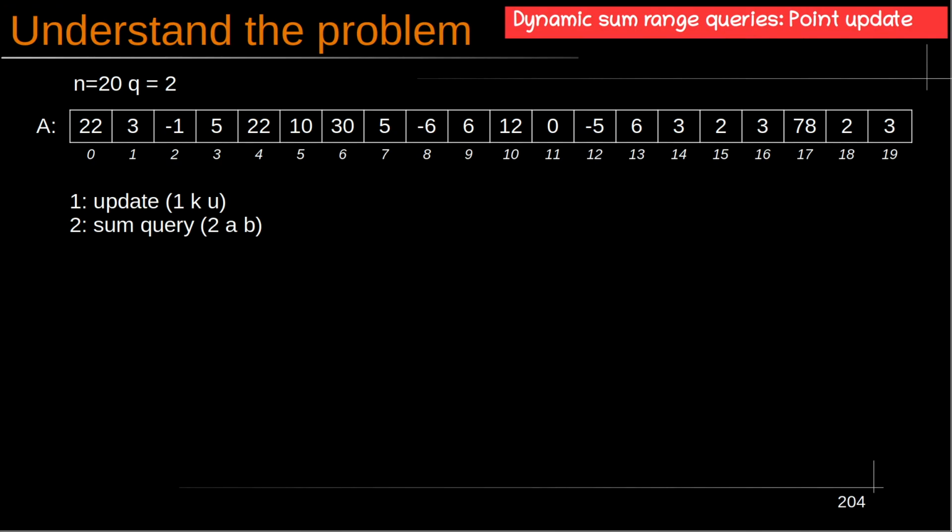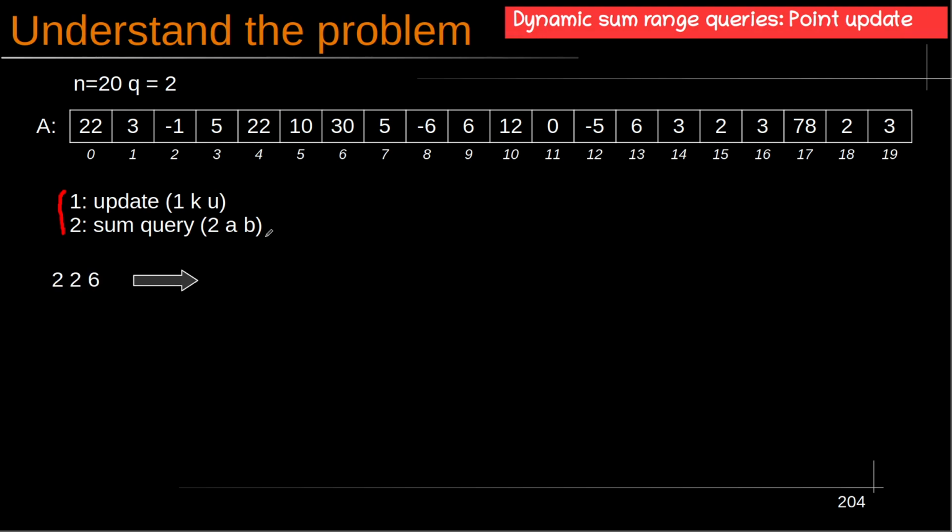Let's understand the problem. Let's take this example, an array of size 20. We have just two queries here. These are the types of the queries: an update and the sum query.